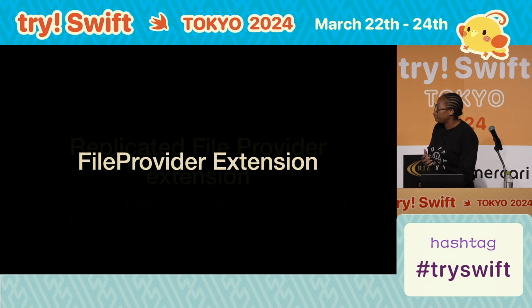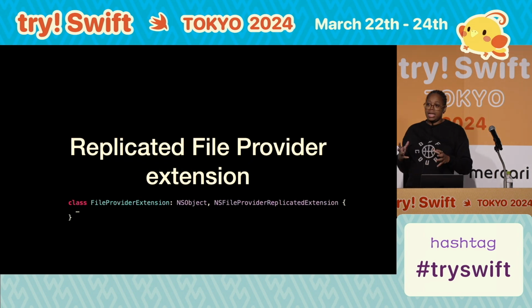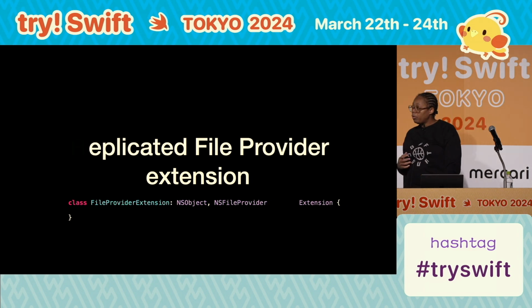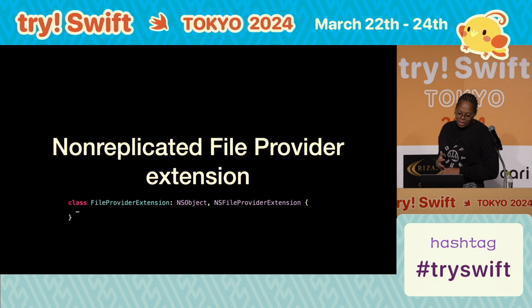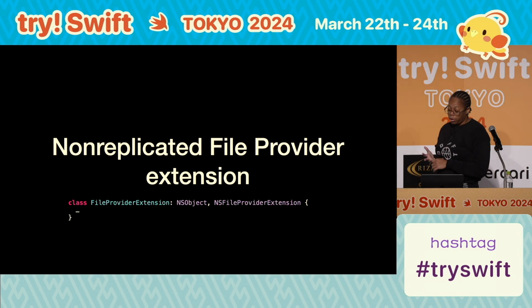The first one is the replicated File Provider, which will extend and sync the local copy of those files with the storage and replicate the contents of the disk. The second one is the non-replicated File Provider, which will just host and manage the user's local files. This is something we commonly see on macOS.